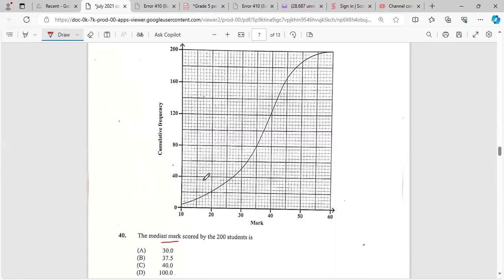So we're supposed to read out for 100. So go by 20. So here, that'll be 100, right? Alright, we still don't have 37.5, so I'll work with that.